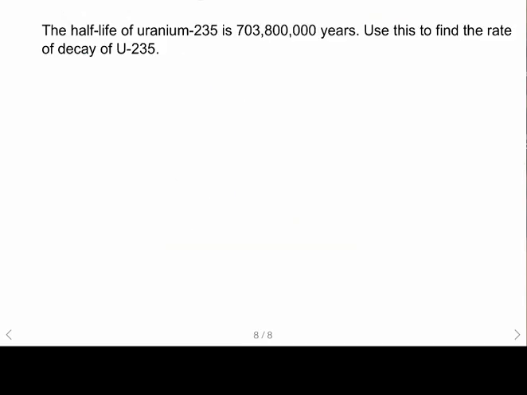Last, and certainly not least, the half-life of uranium-235 is 703,800,000 years. Something tells me that there's been some rounding off. Use this to find the rate of decay of uranium-235. You may remember that A equals Pe to the rt is a formula used for radioactive decay.